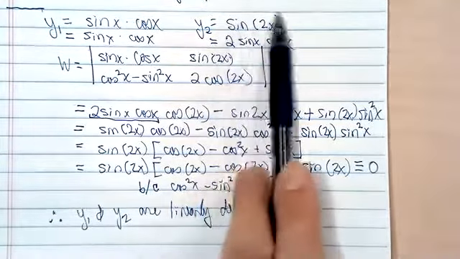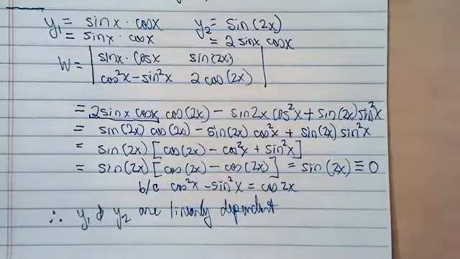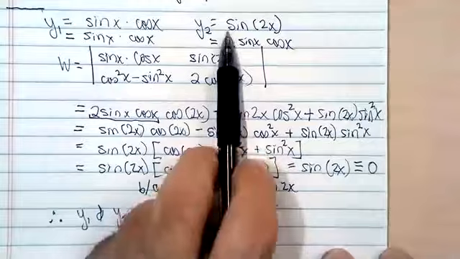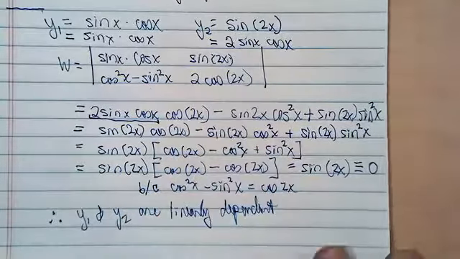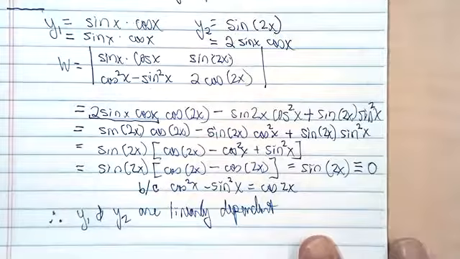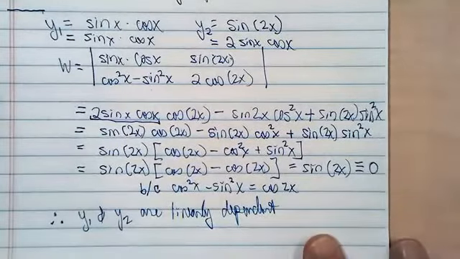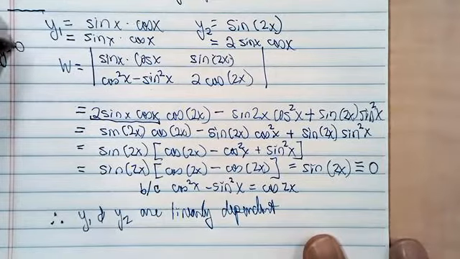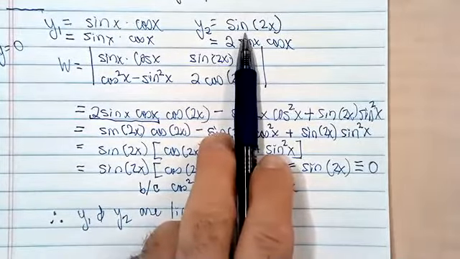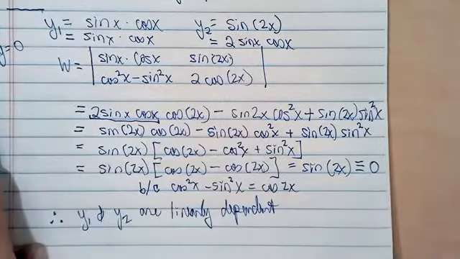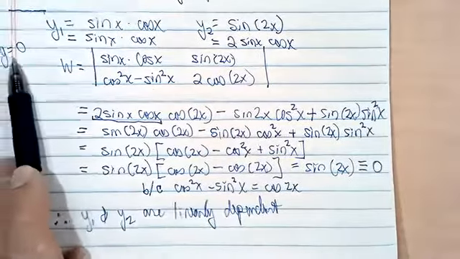Pick any second order linear ordinary differential equation for which sine of 2x is a solution. Well, that's not real hard. y double prime plus 4y equals 0. That would do it. If you take two derivatives of this, you'll get minus 4 sine of 2x, and minus 4 sine of 2x plus 4 sine of 2x is 0.